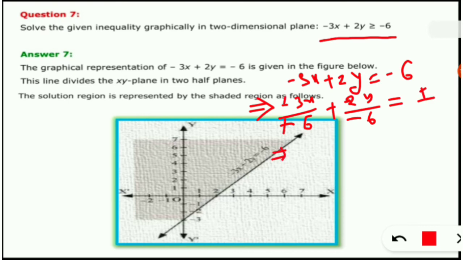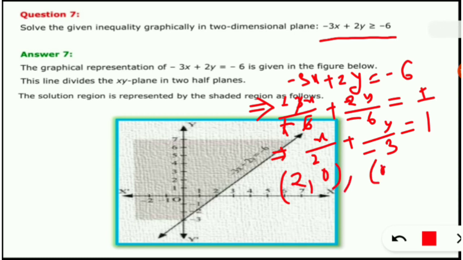So minus minus cancel, that means this is 2, so x by 2 plus y by minus 3 equal to 1. So that means the line cuts the x-axis at the point 2 comma 0 and the y-axis at the point 0 comma minus 3. So this point is 2 comma 0 and this is 0 comma minus 3.